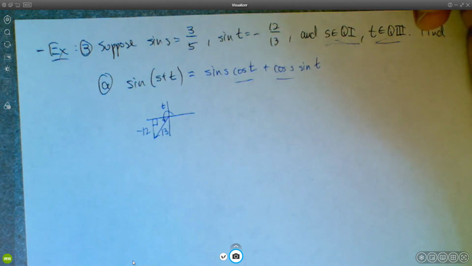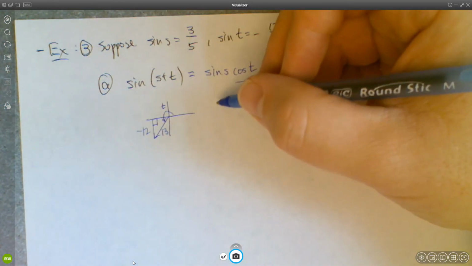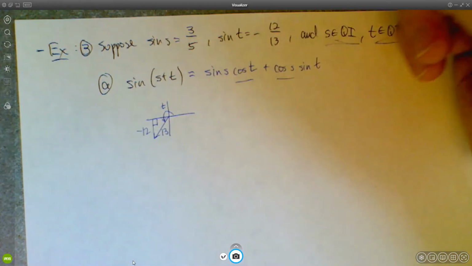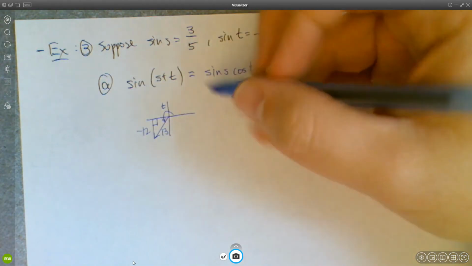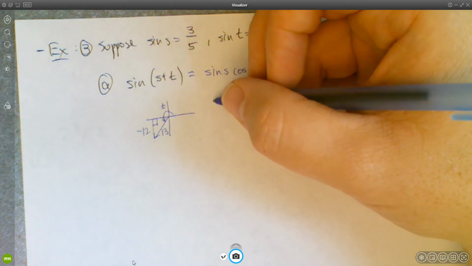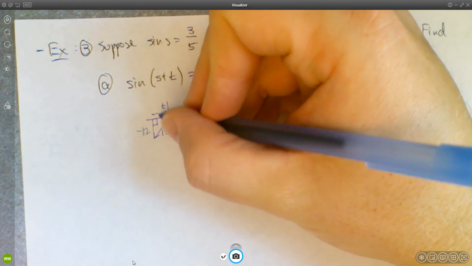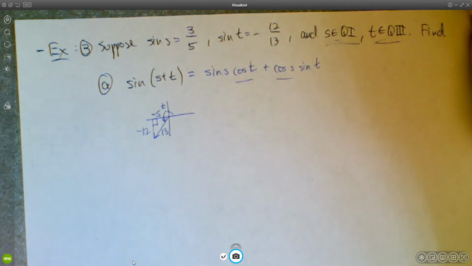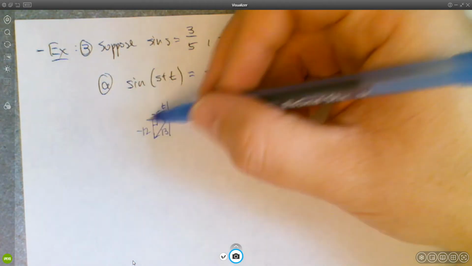And then you can use the Pythagorean theorem to solve for this missing side. So you would say x squared plus negative 12 squared equals 13 squared. And when you do all of that, what you'll get is actually plus or minus 5. So you have to choose whether it's going to be positive or negative 5. It should be negative because you're here in quadrant 3, right? X is negative over here. Okay? So that'll tell us what cosine T is. Cosine T is negative 5/13.